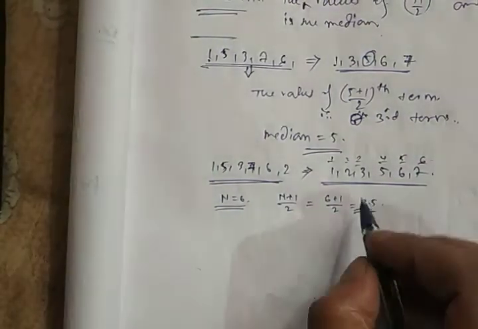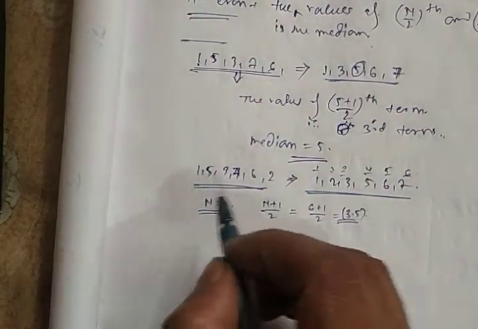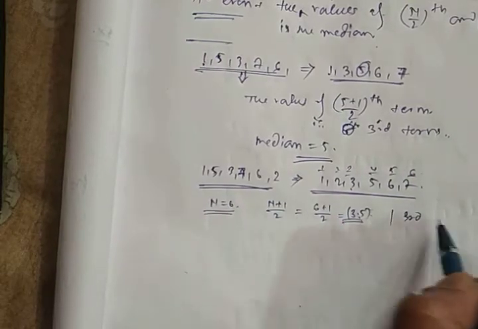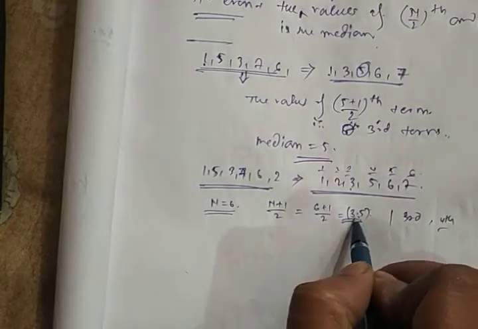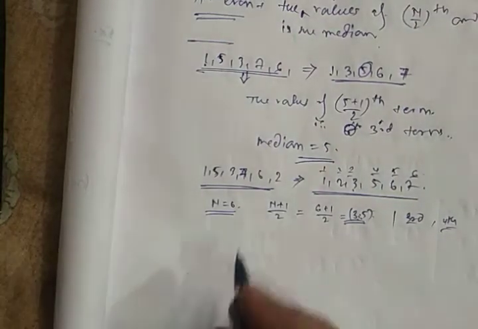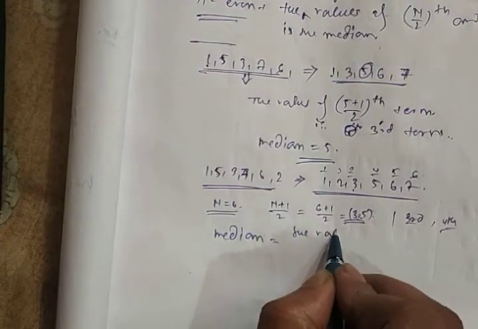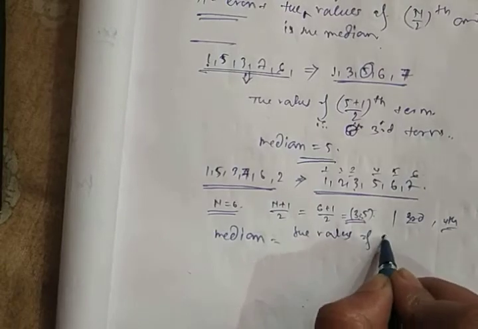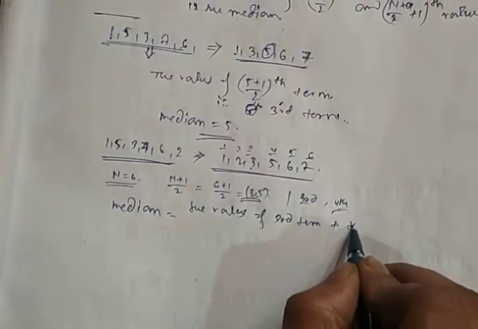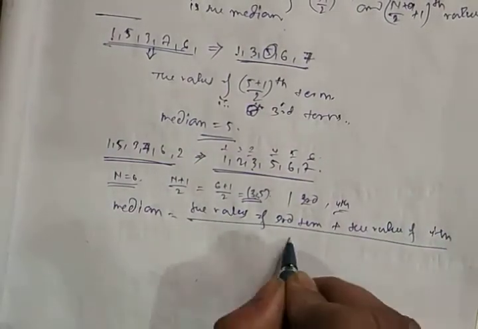As 3.5 is not a whole number, there are two middle terms: the third term and the fourth term. The median will be the value of the third term plus the value of the fourth term, divided by 2.